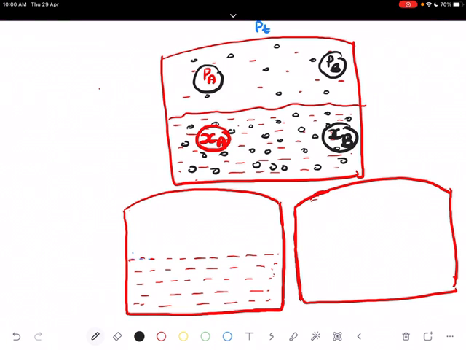And in the second vessel, I have kept only the second liquid.